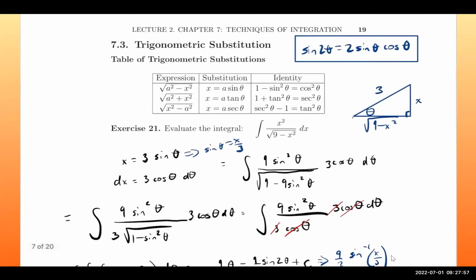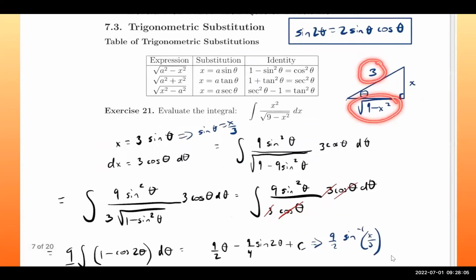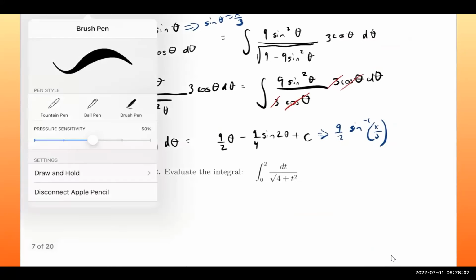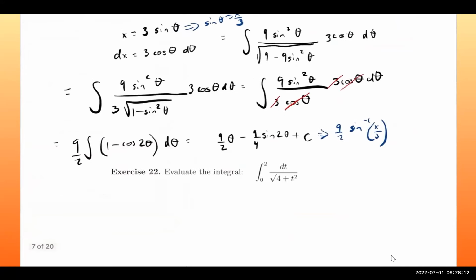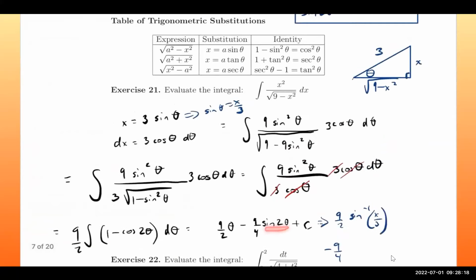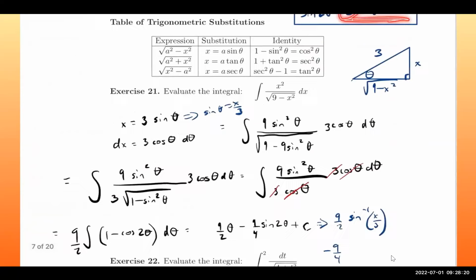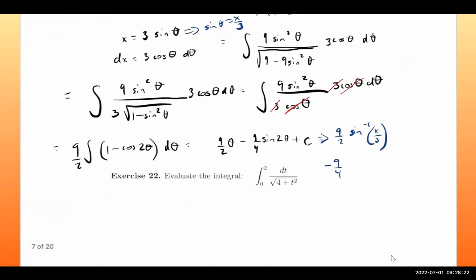So if you do that substitution, sine theta is x over 3, and cosine theta will be this over this. So let's just write that in now. So it's going to be, hopefully I have space here to operate, minus 9/4. So I'm replacing this with this. So there's a 2. So times 2.